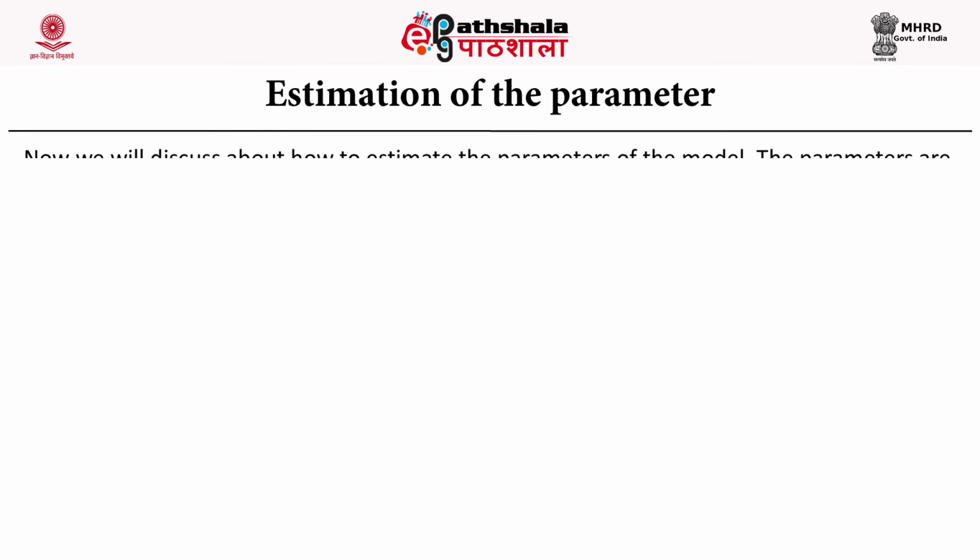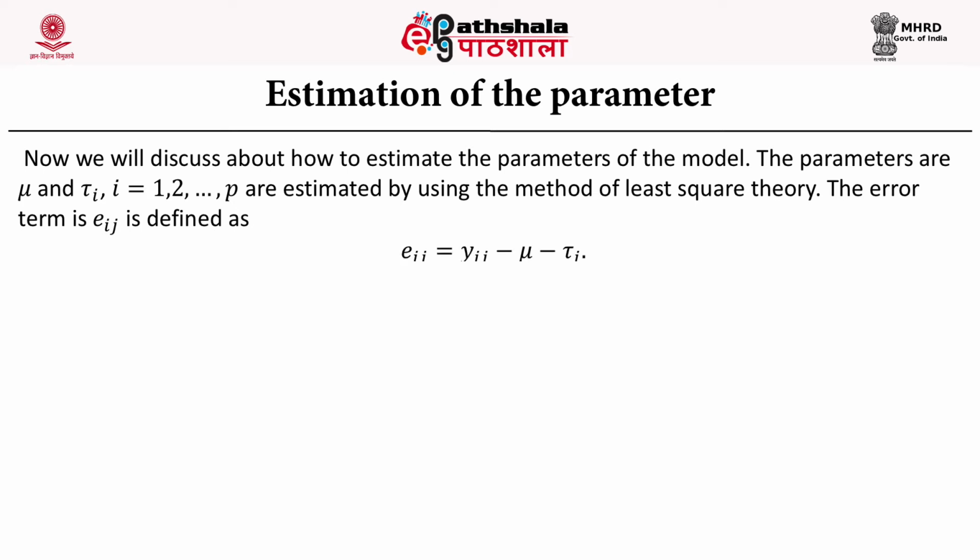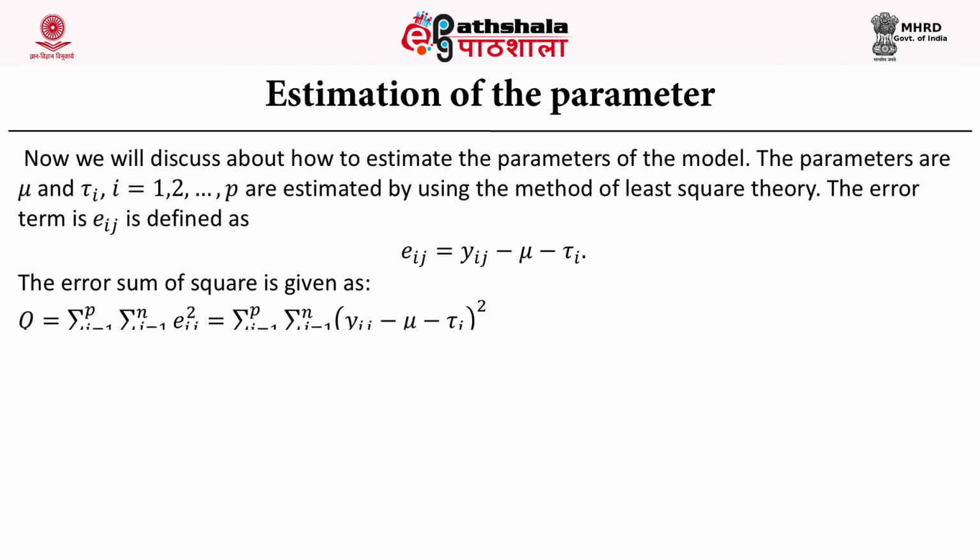Now the next section is how we can estimate the parameters, and it is very essential that you know how the parameters are estimated in the model. Now we will discuss how to estimate the parameters of the model. The parameters are mu and tau i, where i varies from 1 to p, and they are estimated by using the method of least squares.